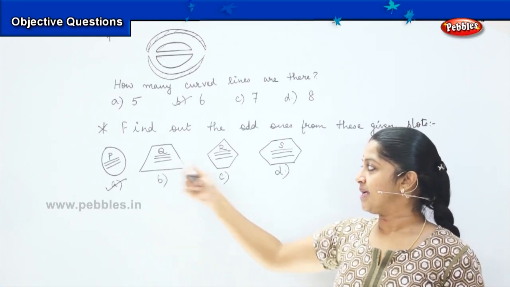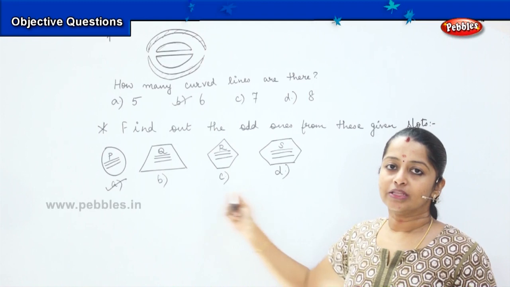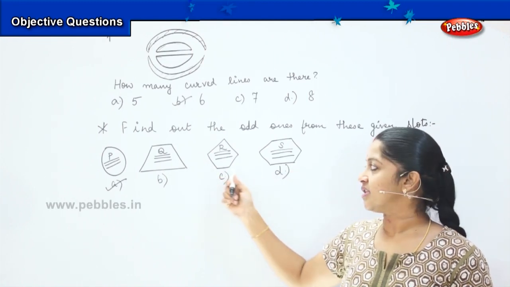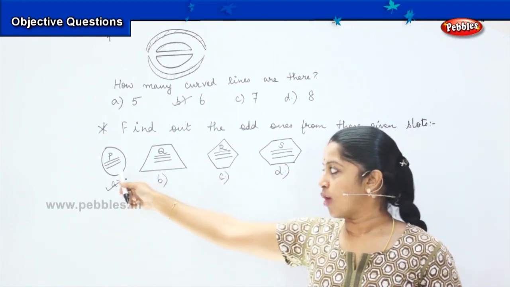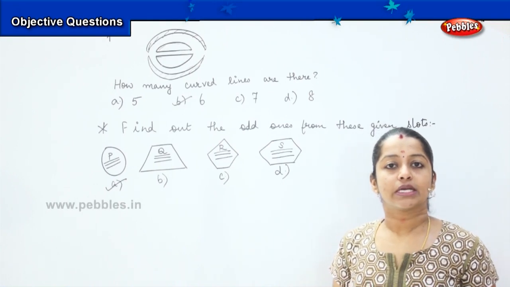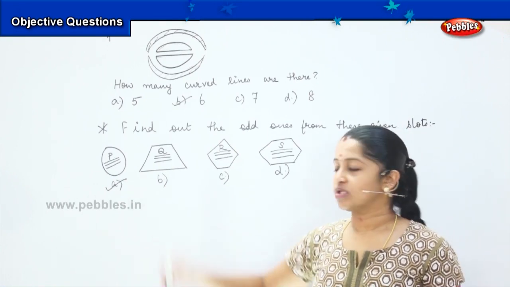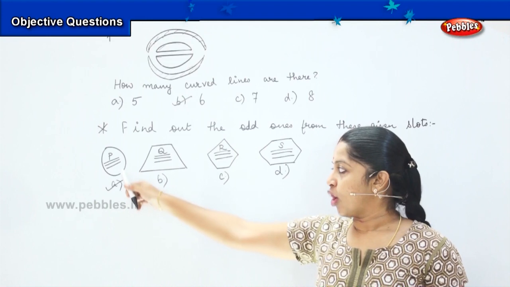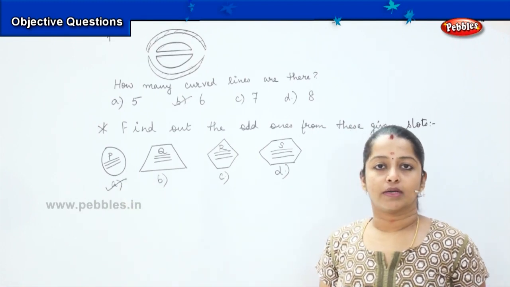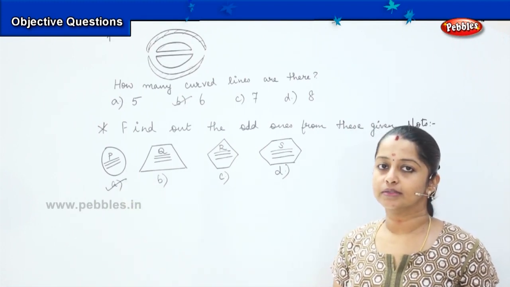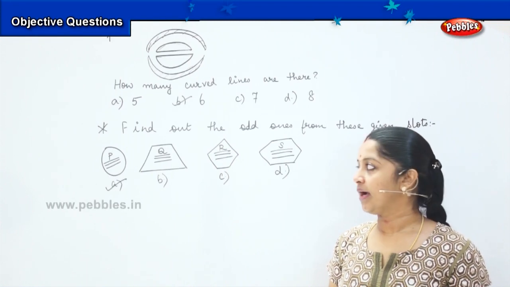Whereas for option B, C and D, all the figures are formed using the straight line. Whereas in option A, we have used the curved line. We have not used the straight line. So my option A will be the odd one out. Am I clear, children? Shall we go ahead for the next question?